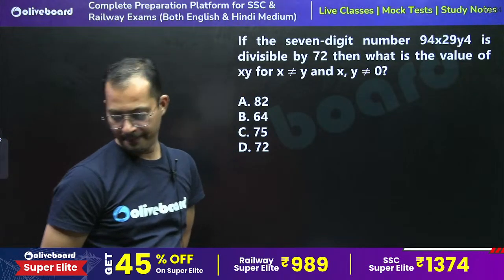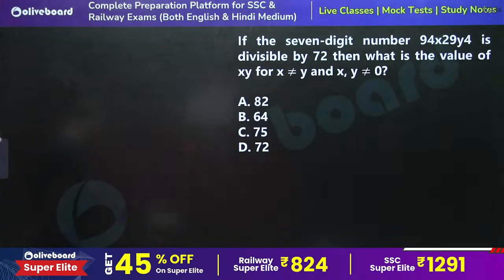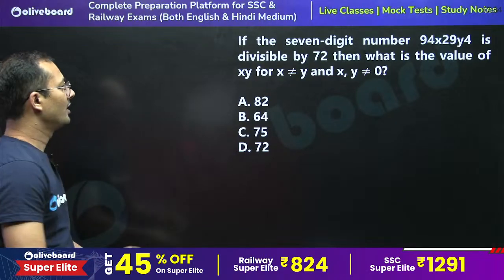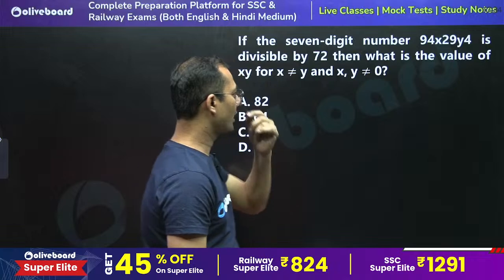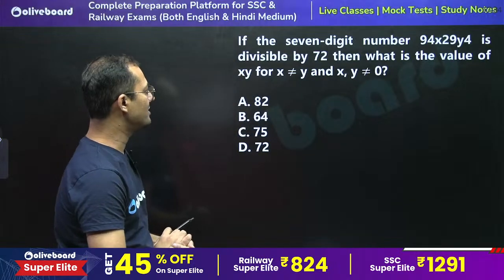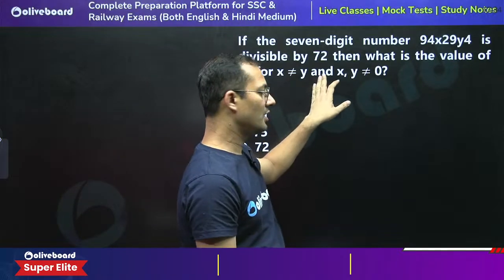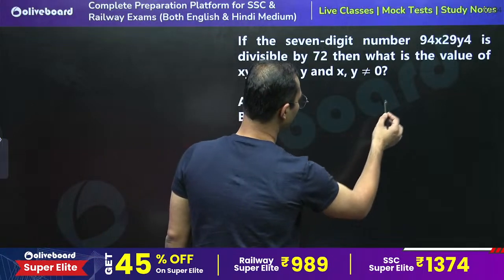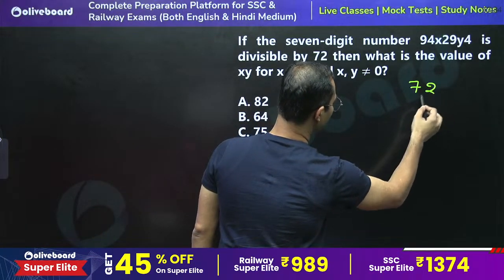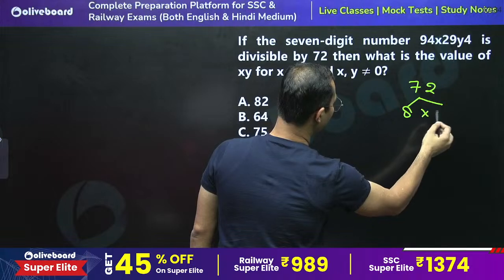Now tell me what is the answer of this question. Yes, please. Very good question. If the 7-digit number 94x29y4 is divisible by 72, if any number is divisible by 72, then that number must be divisible by 8 and 9, right?